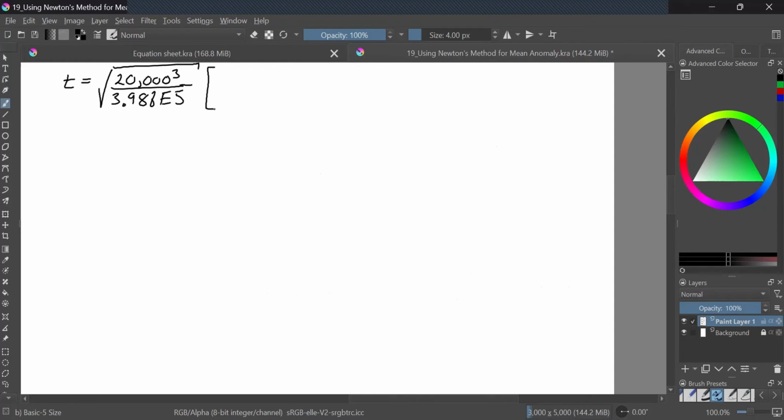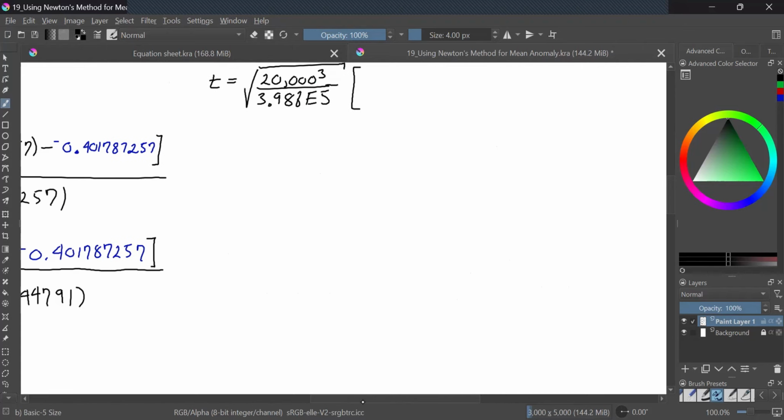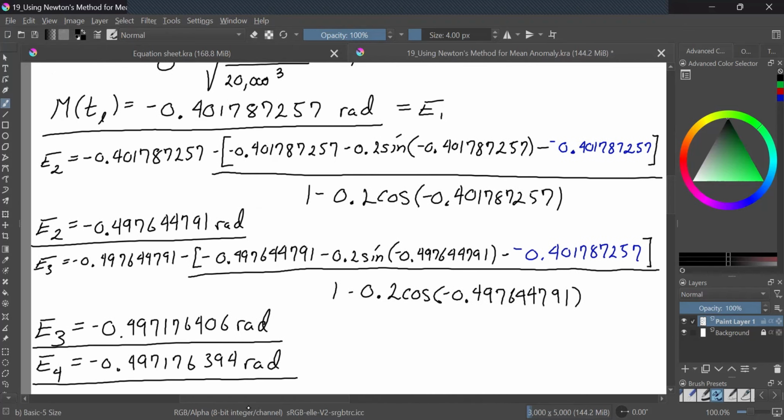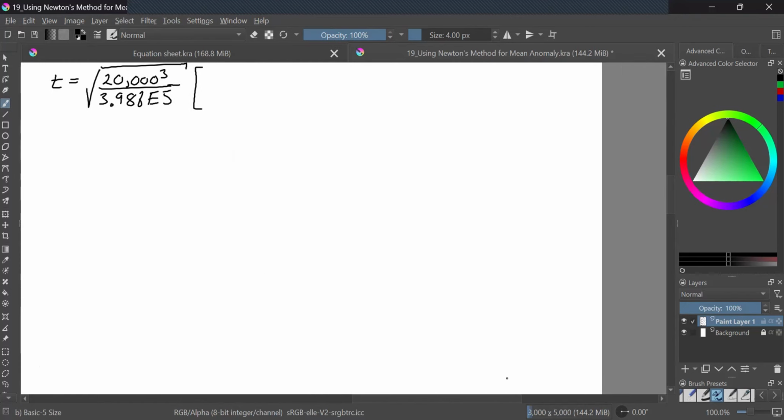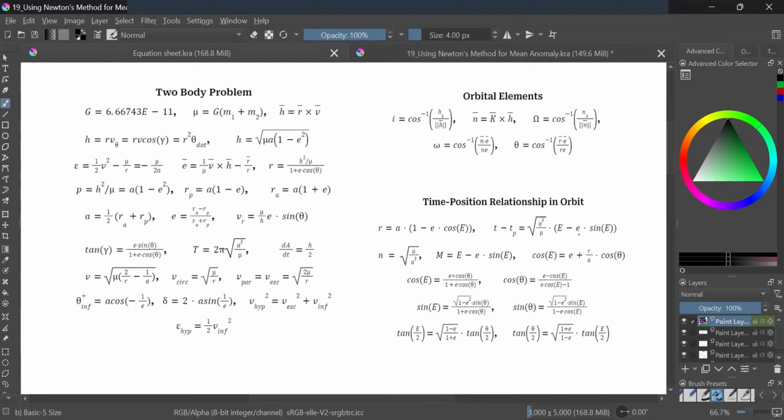Times, let's see, go back over here for it, times this value minus 0.497176394 minus, let me double check, minus e times sine e.